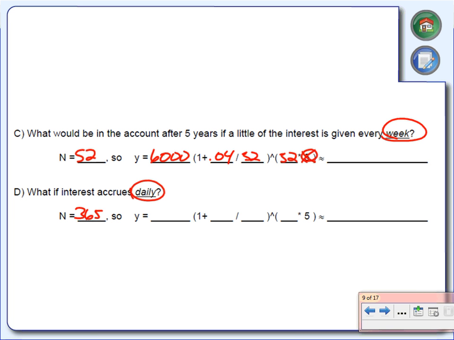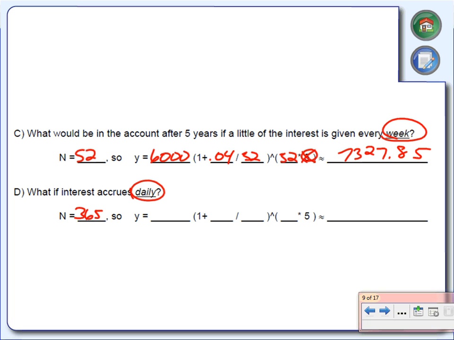What do you see next to 5? $7,327.85. So this is how much we get if we invest $6,000 at 4% interest, and that interest occurs weekly.